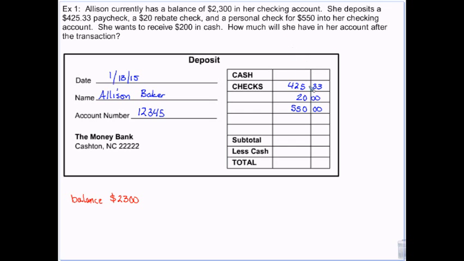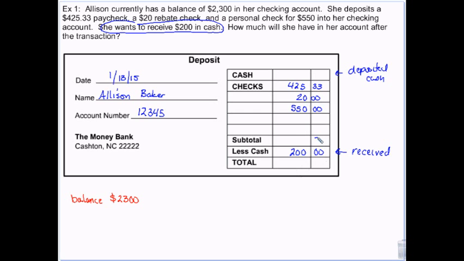Okay, so we have the checks. Now she wants to receive $200 in cash. Up here is cash that's deposited. Down here where it says less cash, this is received. So she wants cash back basically.